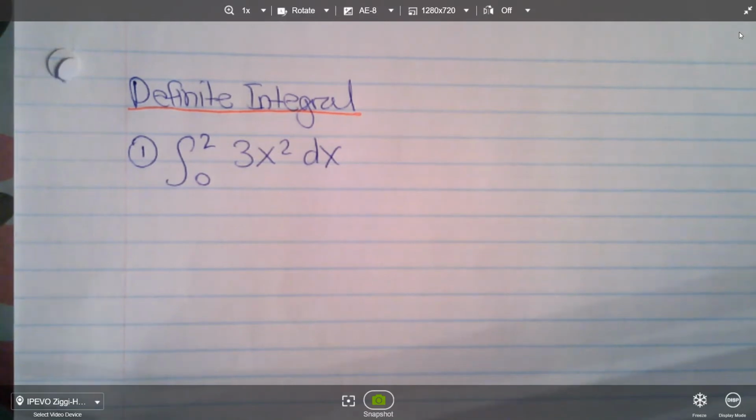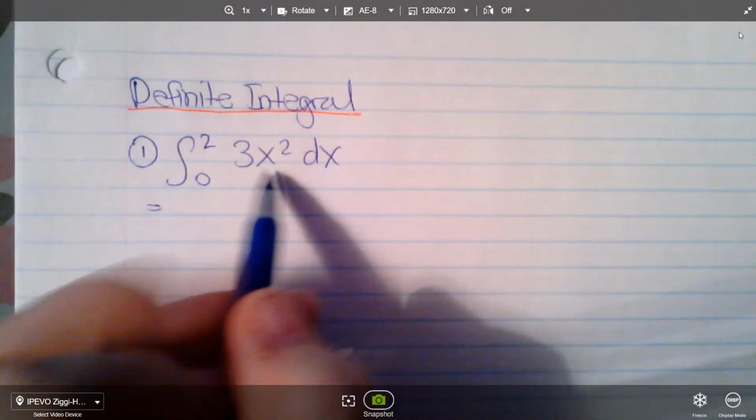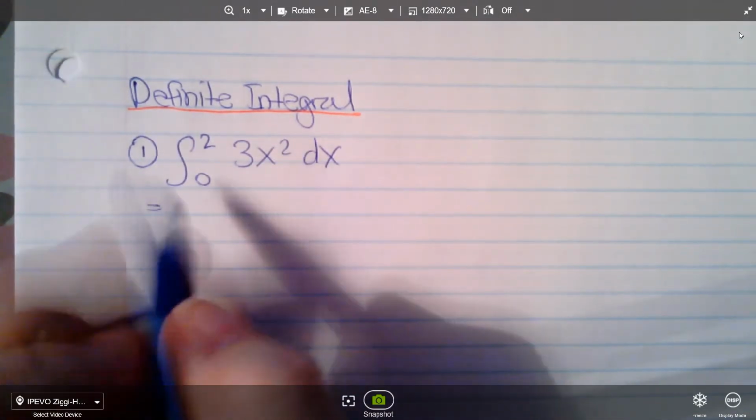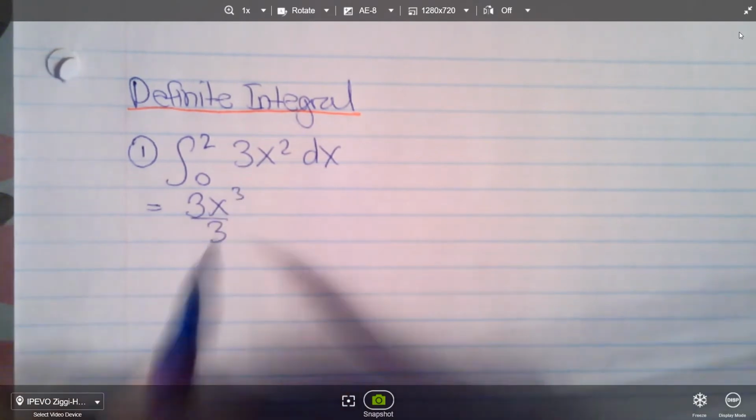So here's how this would be different than the ones you've done so far. I'm still going to perform my integral. So 3x squared is going to be 3x cubed over 3.